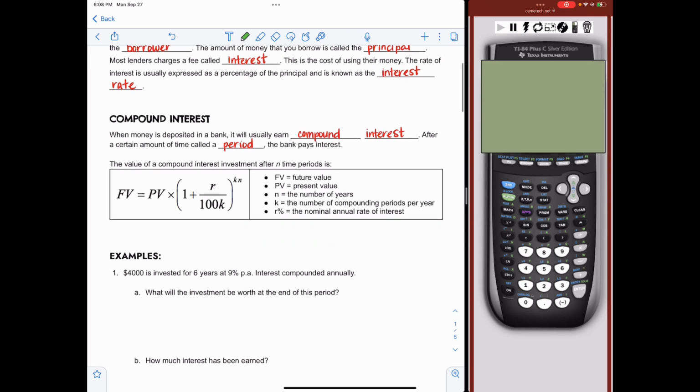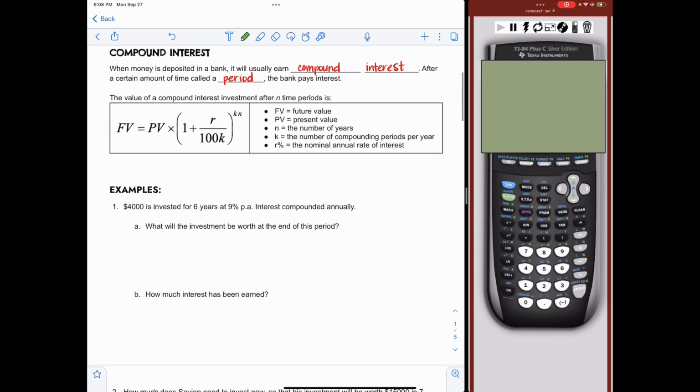So let's look at some examples. $4,000 is invested for 6 years at a rate of 9% per annum interest compounded annually. I want to figure out what the value of the investment will be at the end of the period.